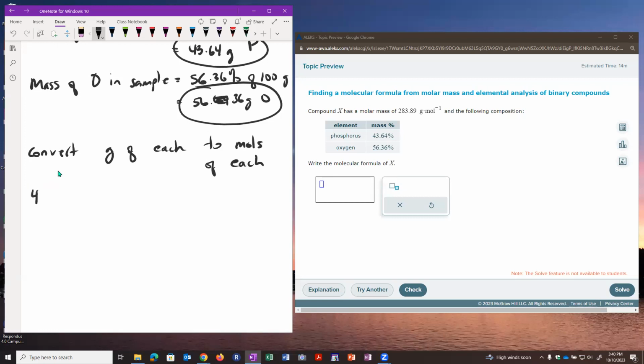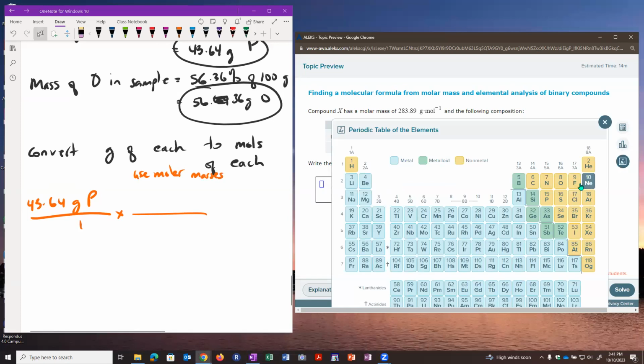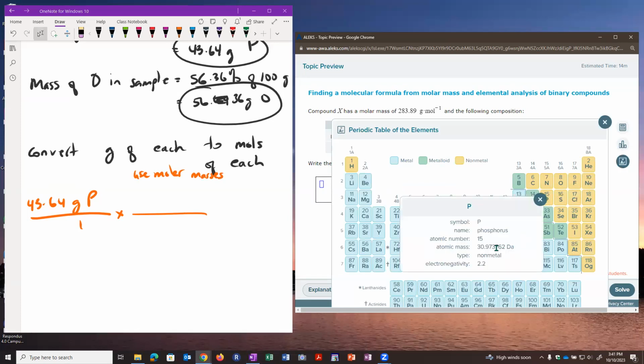So I have now 43.64 grams of phosphorus. Let's color code this so we can keep them separate. To get to moles, I'm going to use the molar mass of each of these things, and I get those from the periodic table. Phosphorus, P, has a molar mass of 30.97 grams.